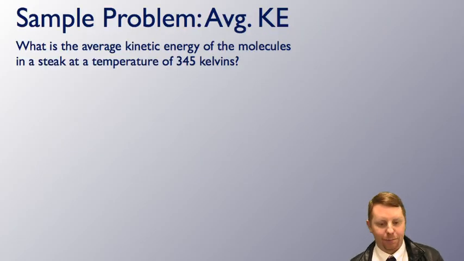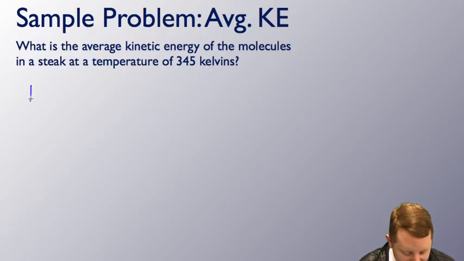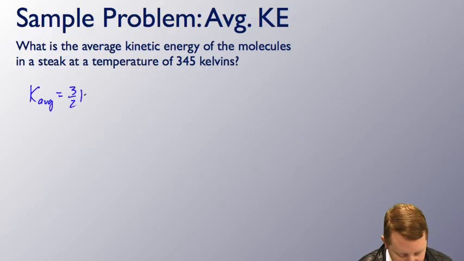So let's start with a sample problem. What is the average kinetic energy of the molecules in a steak at a temperature of 345 kelvins? Well, the average kinetic energy is 3/2 Boltzmann's constant times the temperature in kelvins.